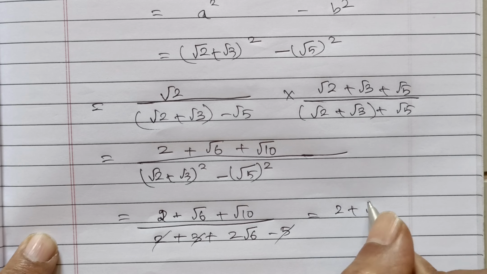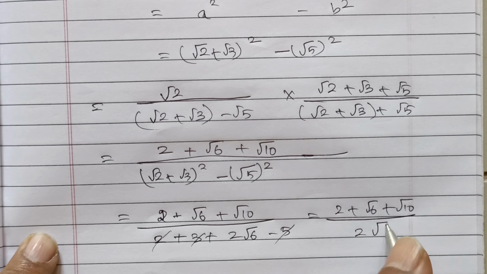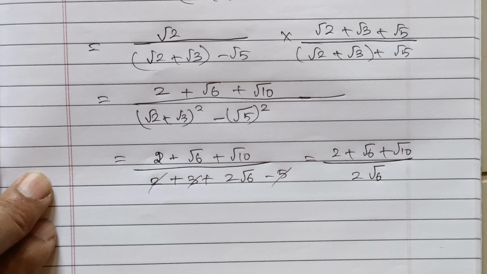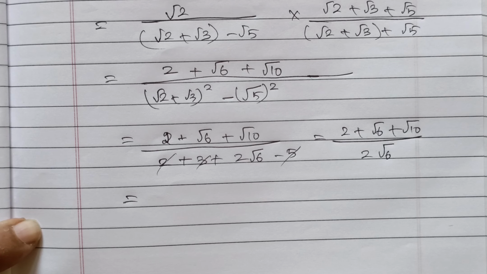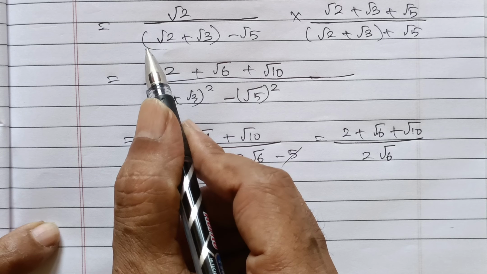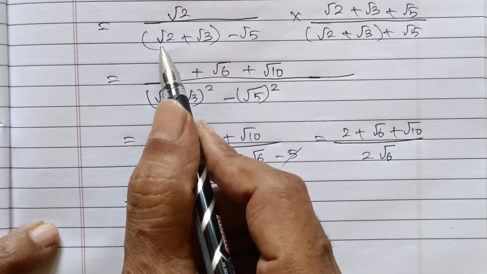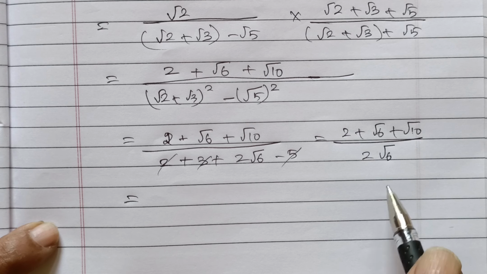So 2 plus root 6 plus root 10 divided by 2 root 6. So now we are getting a little closer. So what we have achieved is, we replaced a lengthy expression, that is a, b and c, into only one variable, which is, let us call it a.